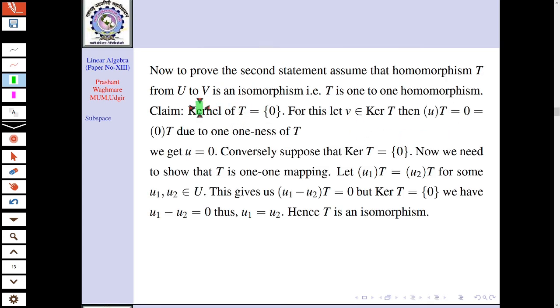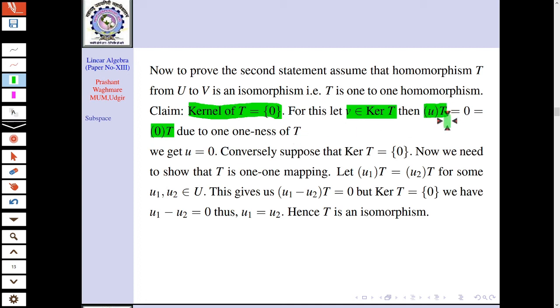Now our claim is to show that the kernel of T contains only 0. To show that, consider one element from the kernel of T and show that it is 0. So let's see. As u is in the kernel of T, T of u equals 0, but 0 can also be written as T of 0.